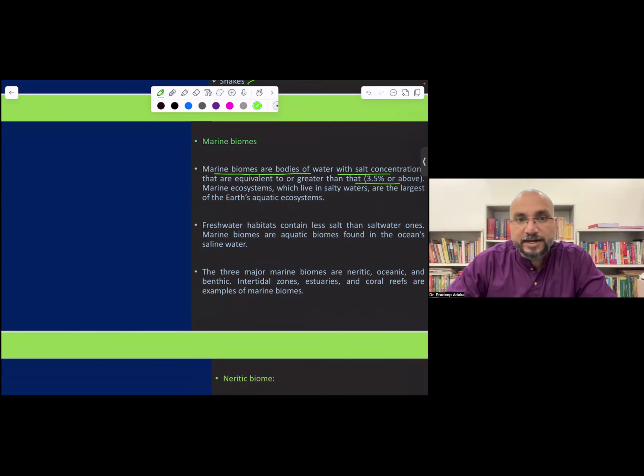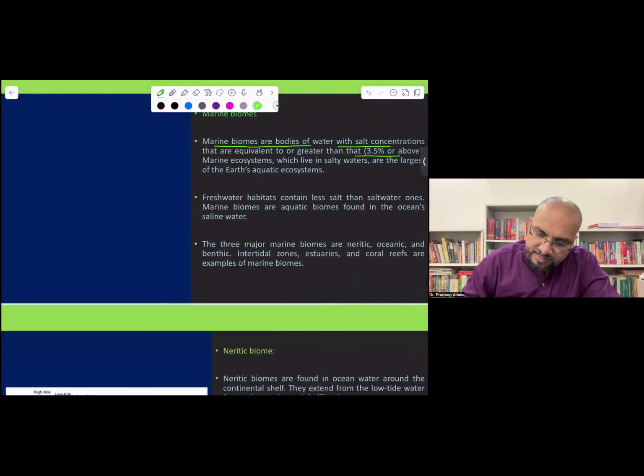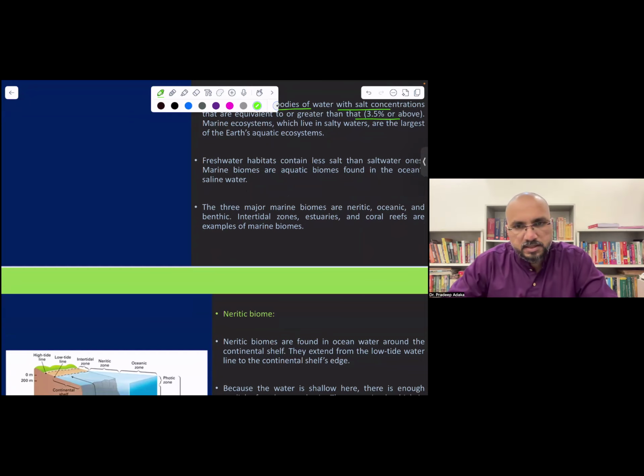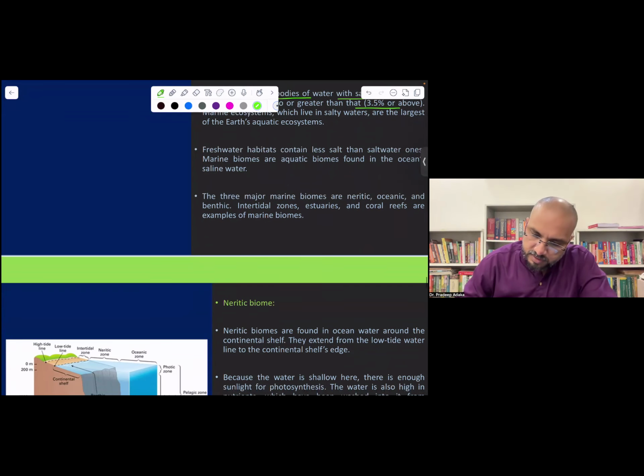Okay, so marine ecosystems with salt water, these are the largest aquatic ecosystems. They are large water bodies, oceans and seas. So freshwater habitats contain less salt. Marine biomes have higher amount of salt.